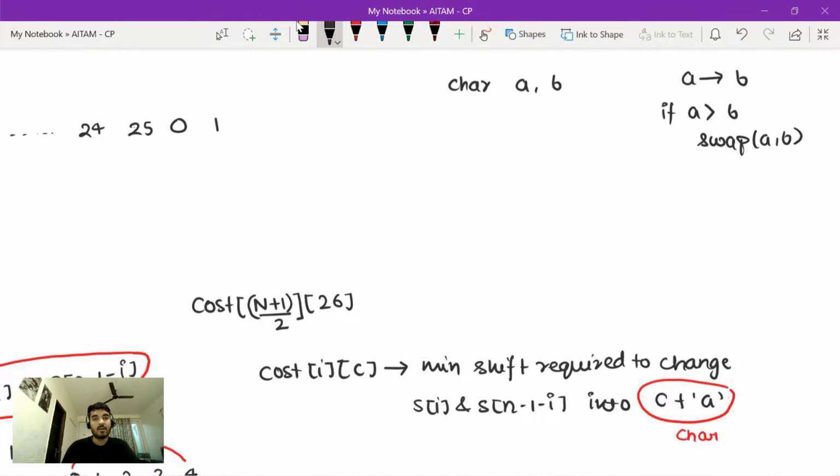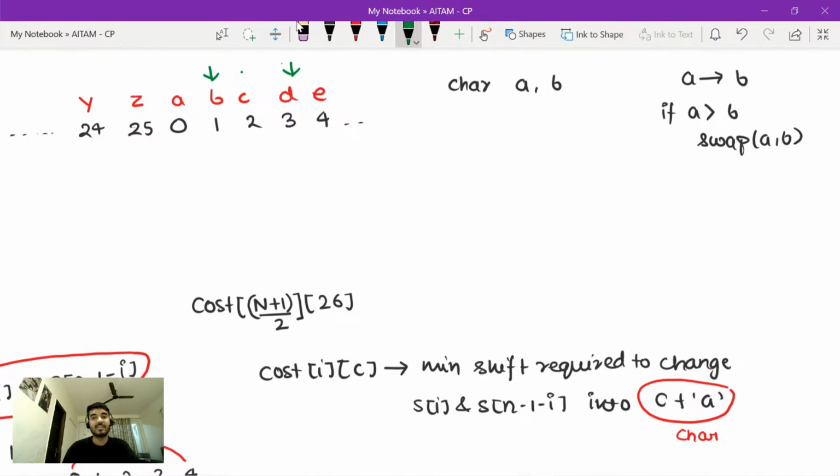Then 1, 2, 3, 4, and so on. So this is character A. Then this is character Z. Then Y. Then this is B, C, D, E, and so on. So this is in a circular manner, right? So let's say my character a is B, and let's say my character b is D. So I have two possible paths, right?